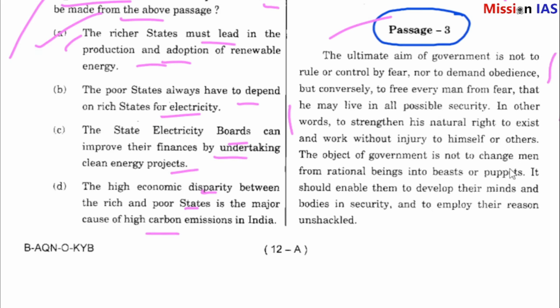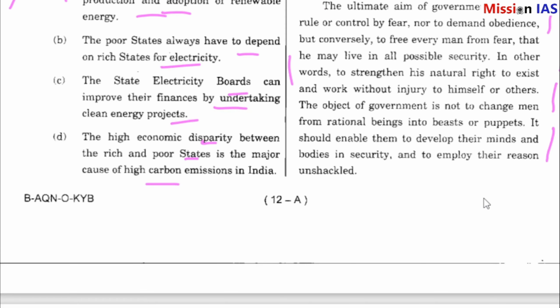In other words, to strengthen his natural rights to exist and work without injury to himself or others. The object of government is not to change men from rational beings into beasts or puppets. It should enable them to develop their minds and bodies in security and to employ their reasons unshackled.